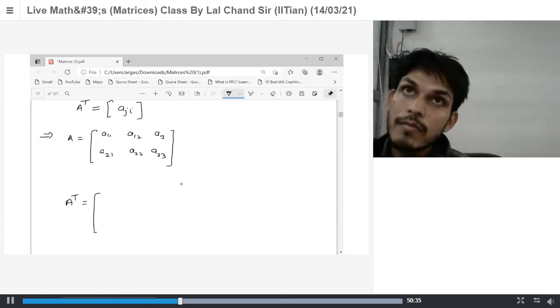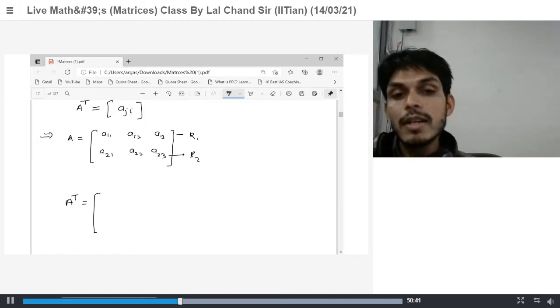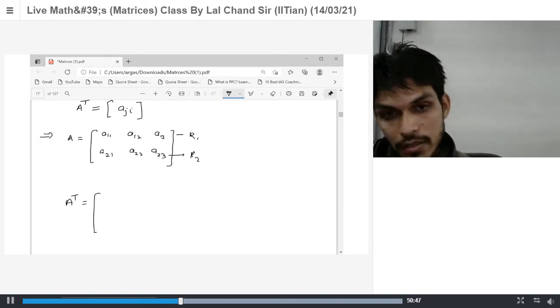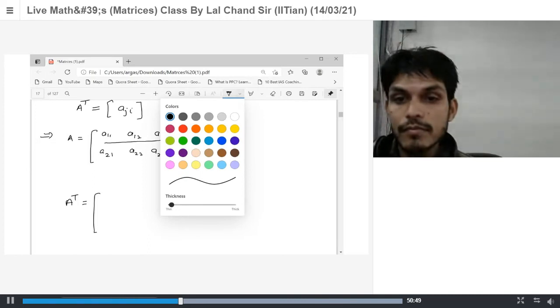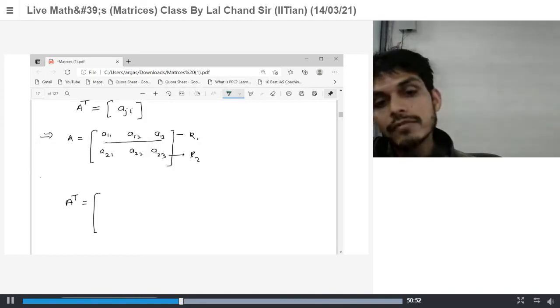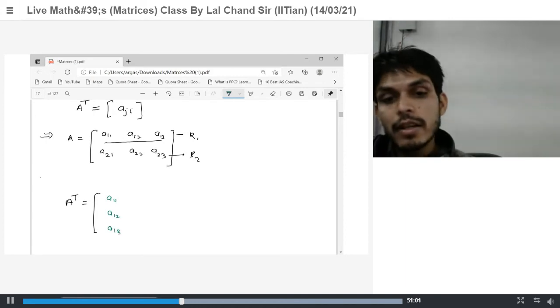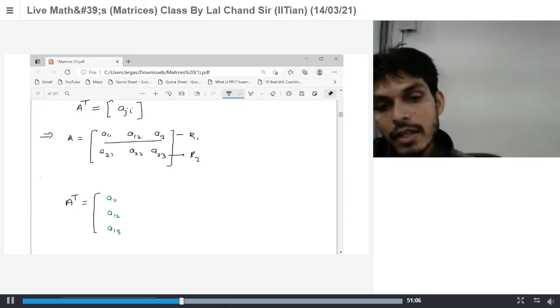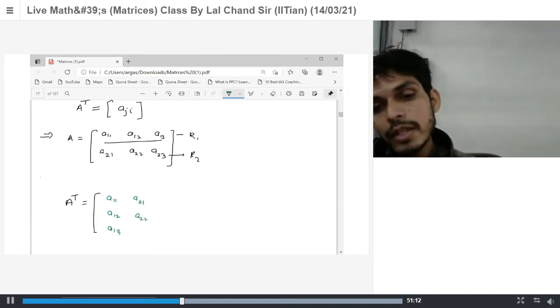This is row 1 and this is row 2, so row 1 and row 2 are converted into column 1 and column 2. So I write down A11, A12, A13 as a column, and corresponding to the second row, if I convert it into a column, I write A21, A22, A23. So this matrix is known as A transpose.